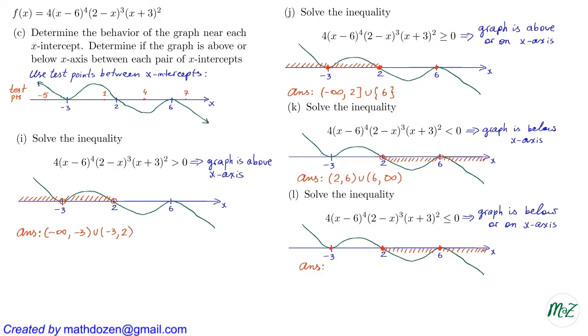So for an answer, we get the interval from 2 going all the way to +∞, together with a single point at -3. Because that's an x-intercept, so it's also a part of the solution.